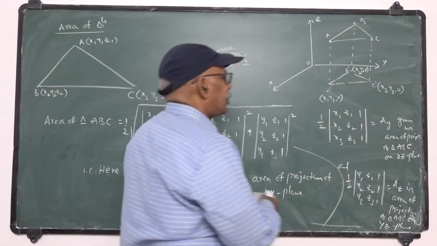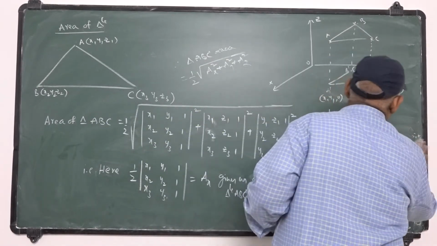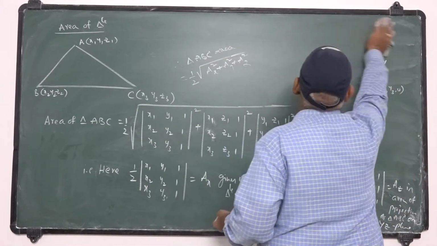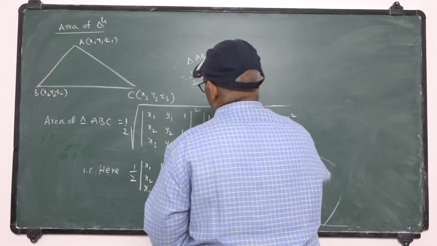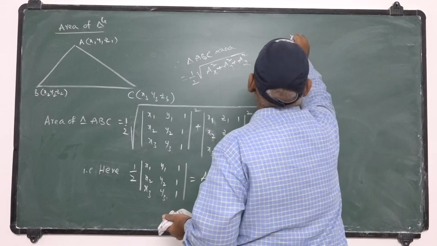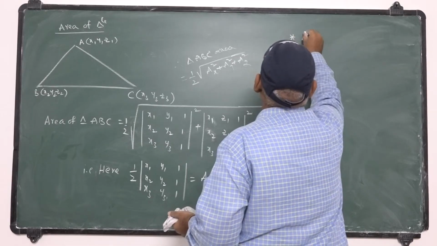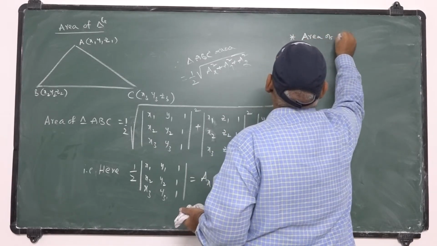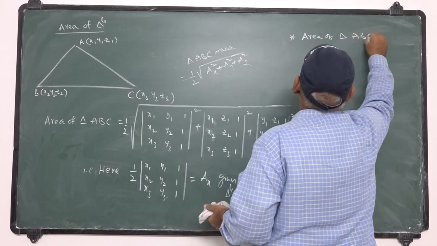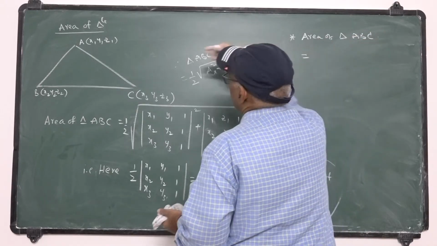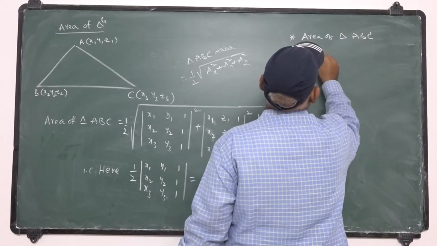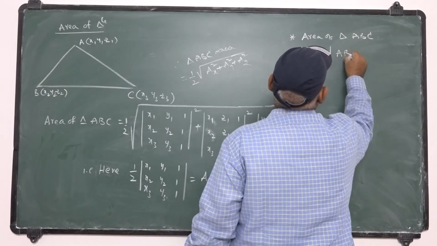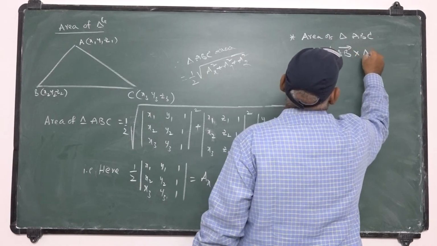Instead, the vectorial method gives us a simple formula. The area of the same triangle in space is given by half the modulus of AB bar cross AC bar.